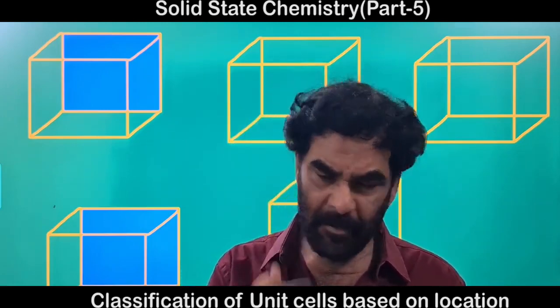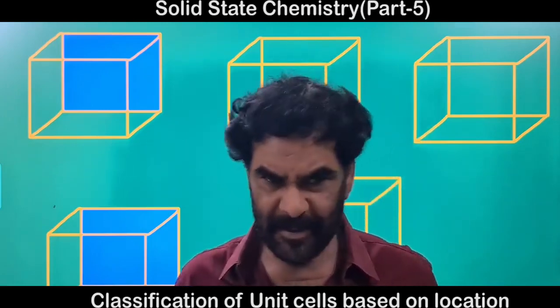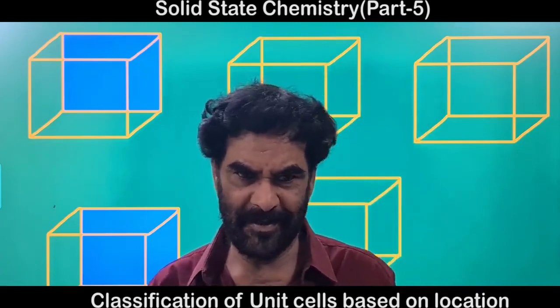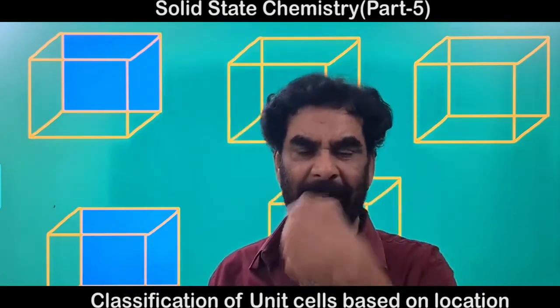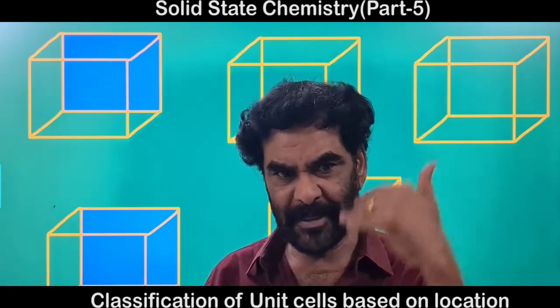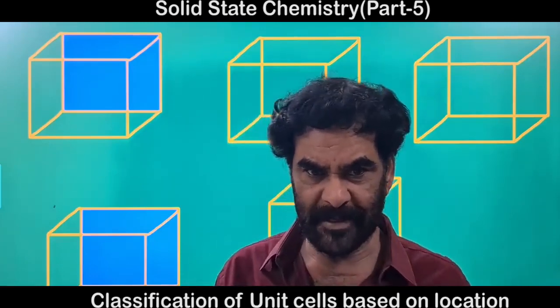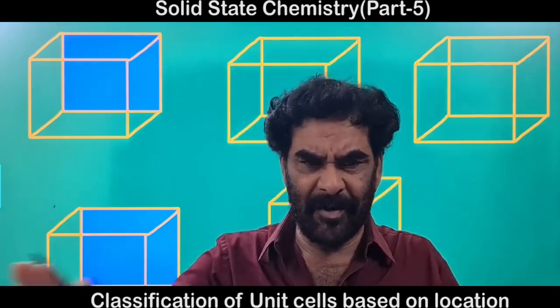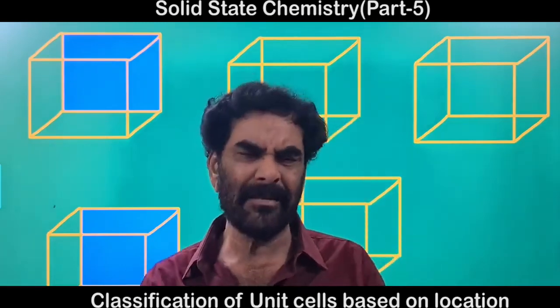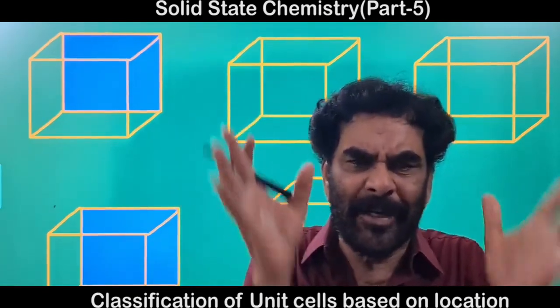Number of body centers, only one is possible. Similarly, the number of edges and edge centers, the number of faces and face centers. All these things we have taken into consideration just for describing the unit cell.